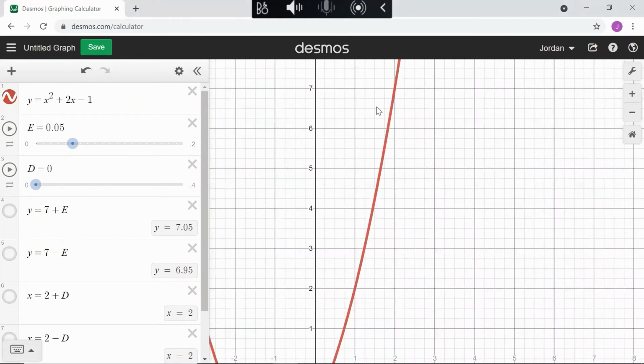So what I've done is I've tried to create a situation, and I hope it works. So we want an epsilon of 0.1.